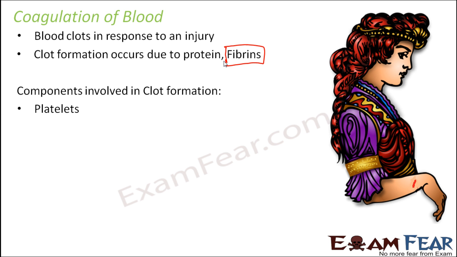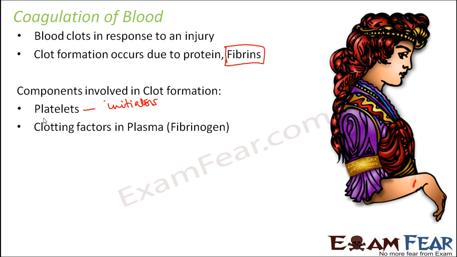The first one is platelets, because they are the ones who initiate the clot formation. So they are the initiators. The next one is the clotting factors present in plasma, especially the plasma proteins like fibrinogen. They promote the process of clot formation. So the platelets and the fibrinogen together help in clotting of blood.